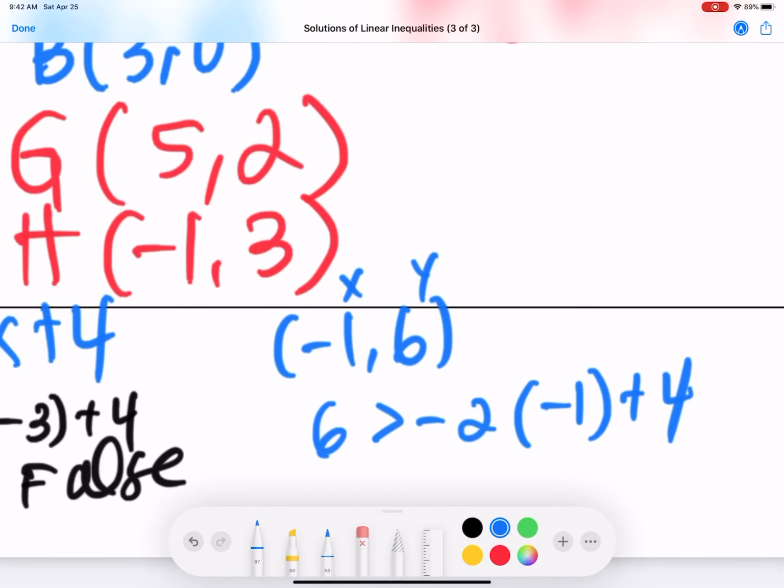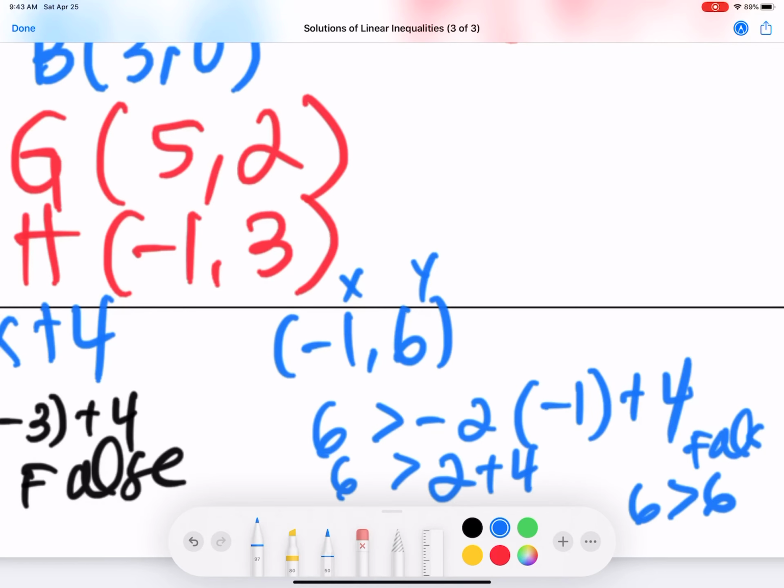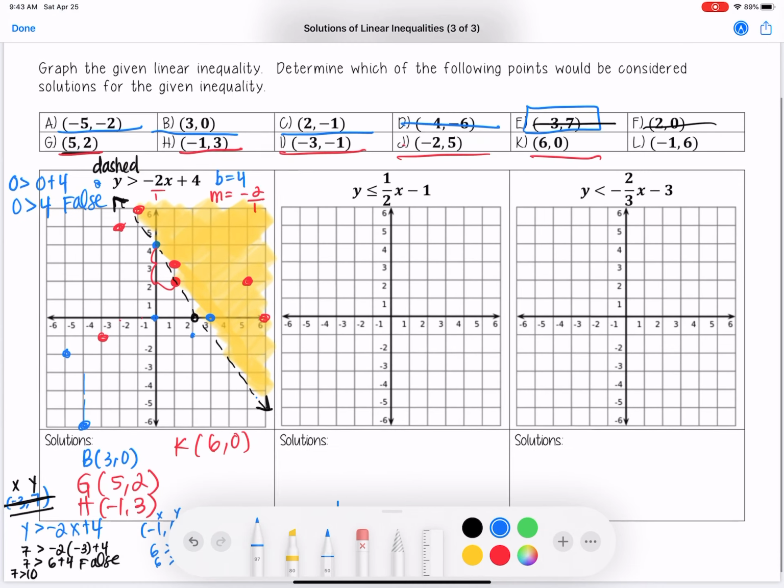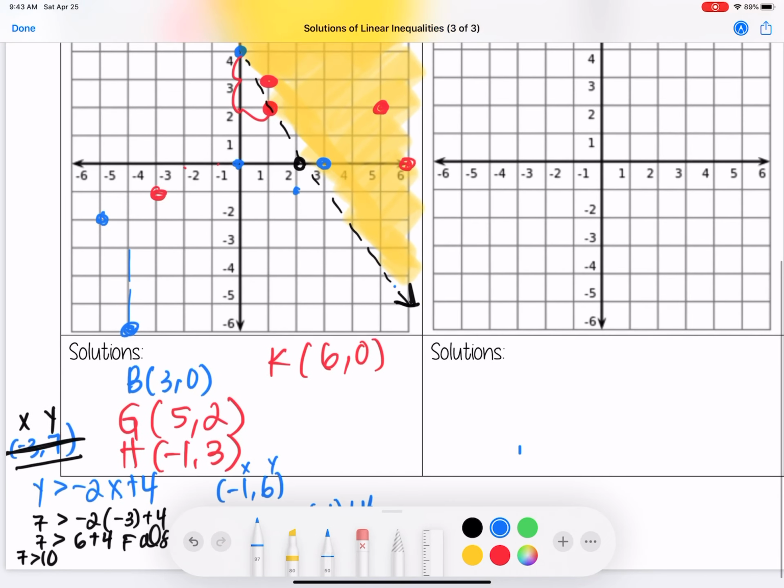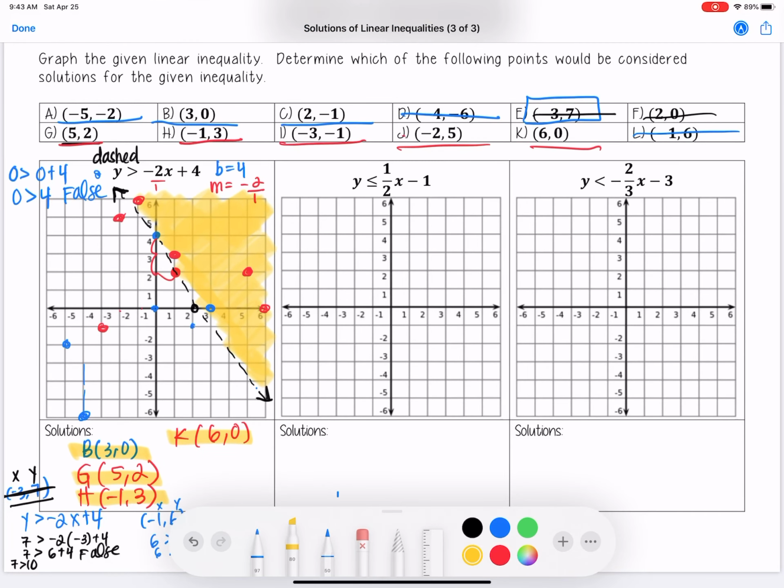So for this one, I end up getting 6 is greater than negative times the negative is a positive 2 plus 4. So this says 6 is greater than 6. That's false. 6 is not greater than 6. It's equal to. So that would actually not be a solution. So the only ones that are solutions are B, G, H, and K. All right, they're in the shaded area.